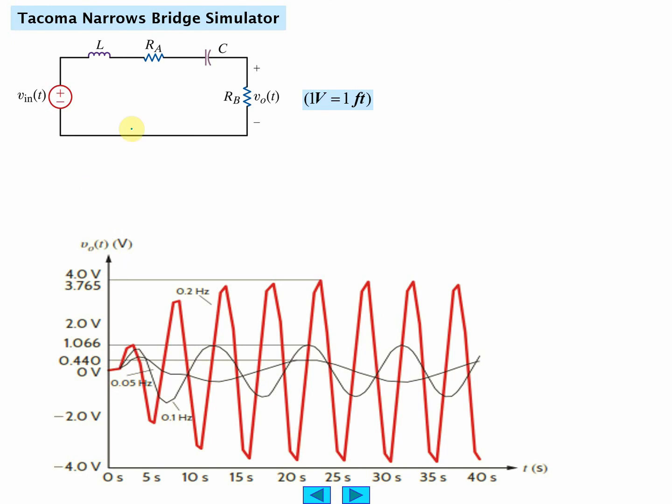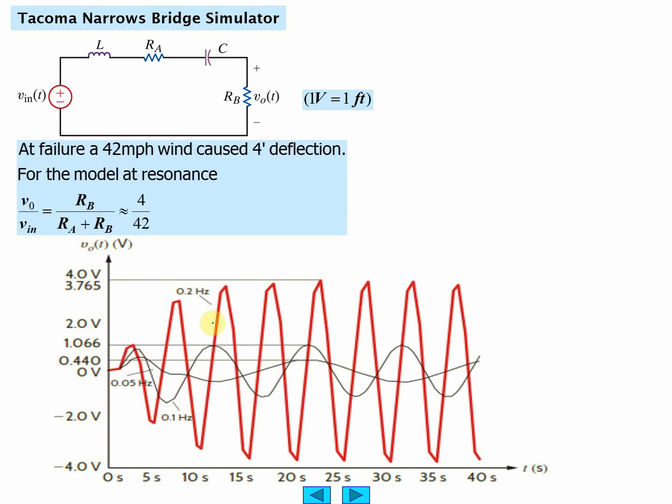This is an electrical circuit model of what happens. It plots what happens to the bridge at various resonant frequencies, if the resonant frequency were just a little bit different, if it was stiffer, things like that. There we go, 42 miles an hour. That's where I got the 42 mile an hour number from.